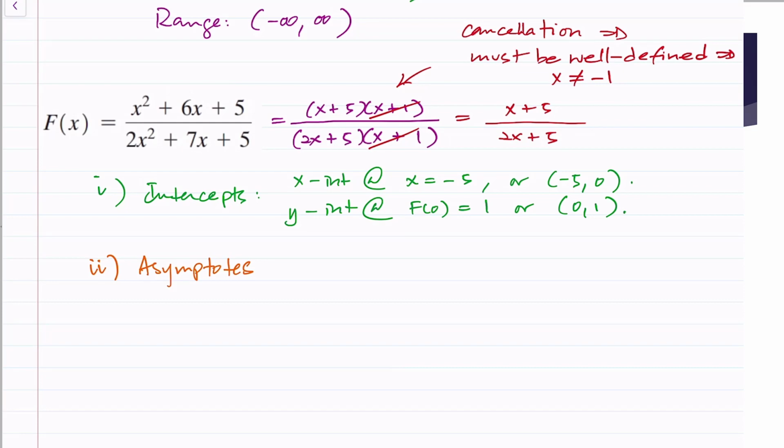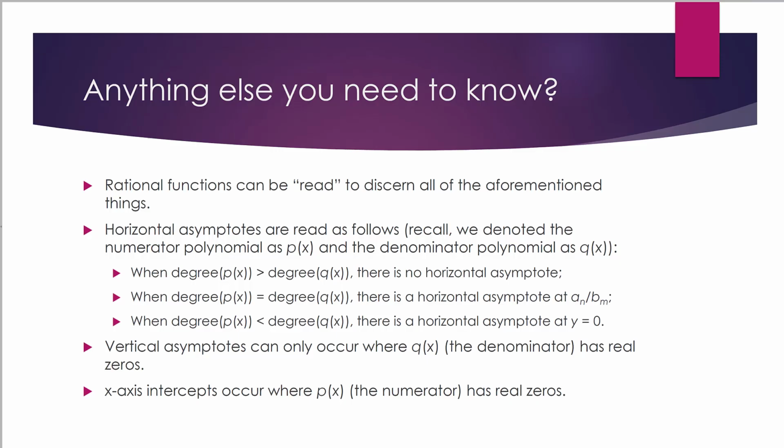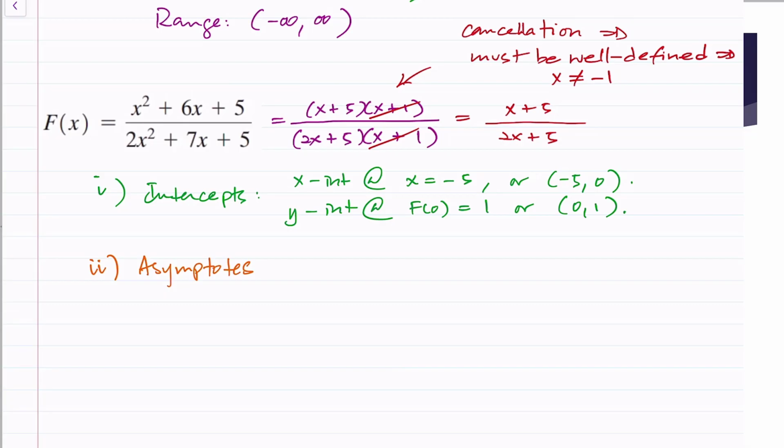We're going to have a horizontal asymptote, and as we indicated back on our PowerPoint slide, when the degree of the numerator and the degree of the denominator are the same, you're going to have a horizontal asymptote, and it's going to be at the ratio of the leading coefficients. In this case, you can see plainly that the leading coefficient from the numerator is 1. We normally don't write it, but just for clarity, we can say here that you have a 1 right there. It's understood, right? And the leading coefficient from the denominator is going to be 2.